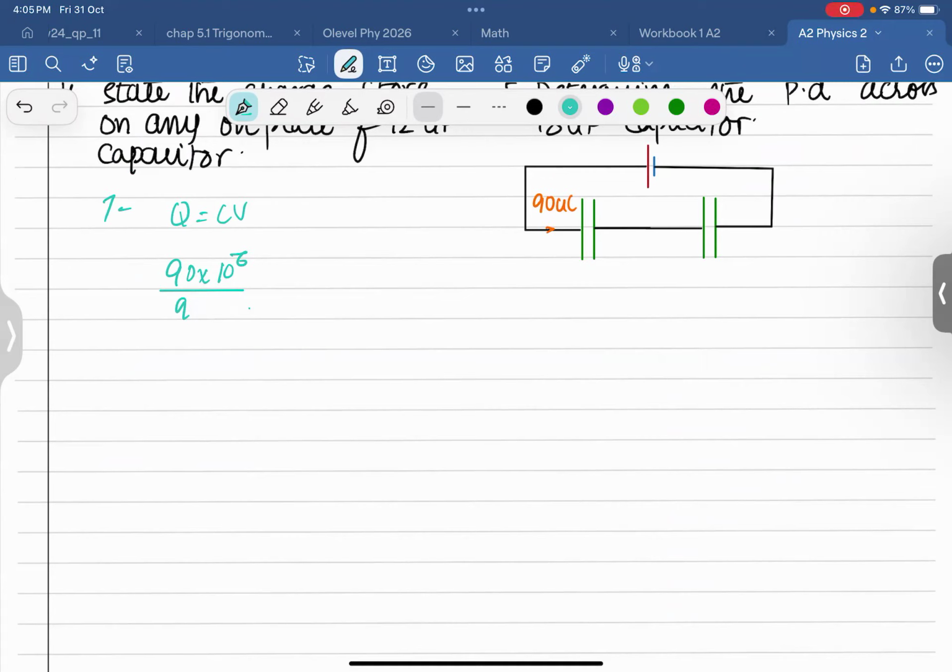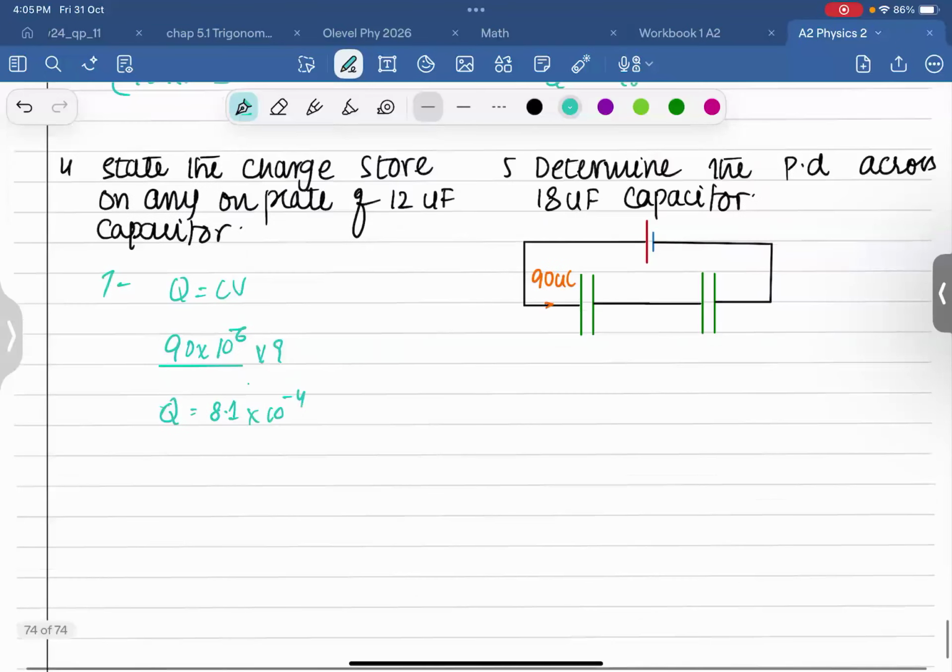Sorry, it should be multiplied. So the charge will be Q equals 9 times 9, 81, so 8.1 times 10 to the power negative 4. This is the charge stored on any one plate of the capacitor.